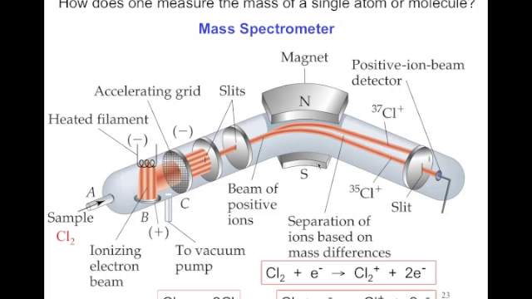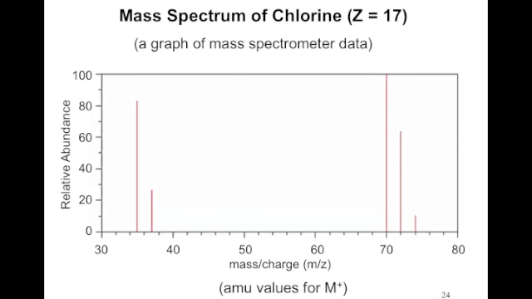So essentially what you do is you put your chlorine sample through here, you scan the magnetic field slowly, and you detect peaks. Each peak corresponds to a molecular ion. So you'll end up with a graph that looks like this. Plotted on this axis initially would be magnetic field strength.